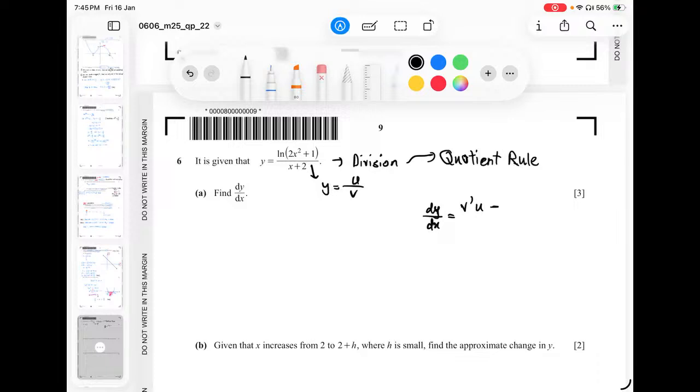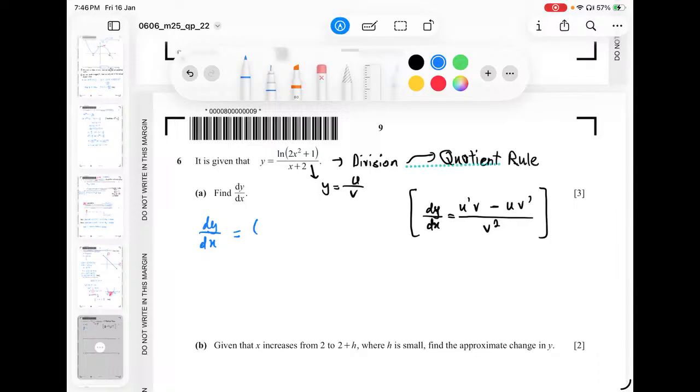You first differentiate the numerator and leave the denominator. Then you leave the numerator and differentiate the denominator, all over v squared. So that's your formula. Now you just apply this formula to dy over dx.